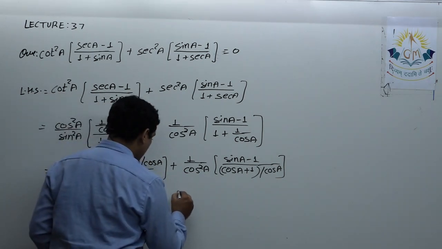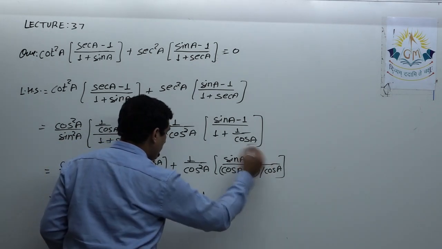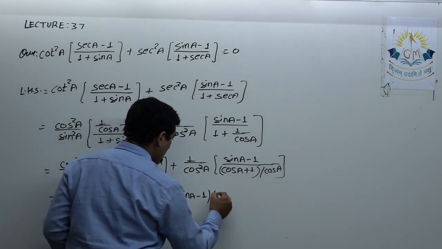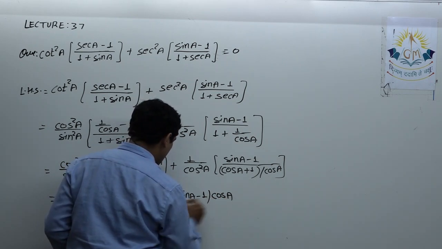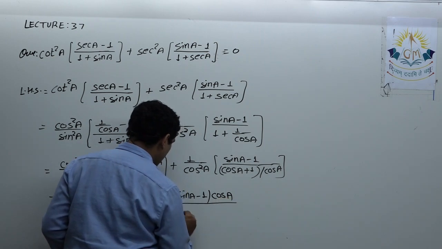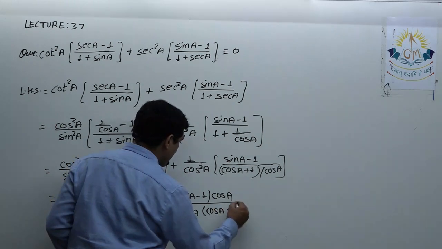Similarly, here I can write sine A minus 1 and this cos A comes in the numerator. So here it will become multiplied by cos A divided by cos square A into cos A plus 1.